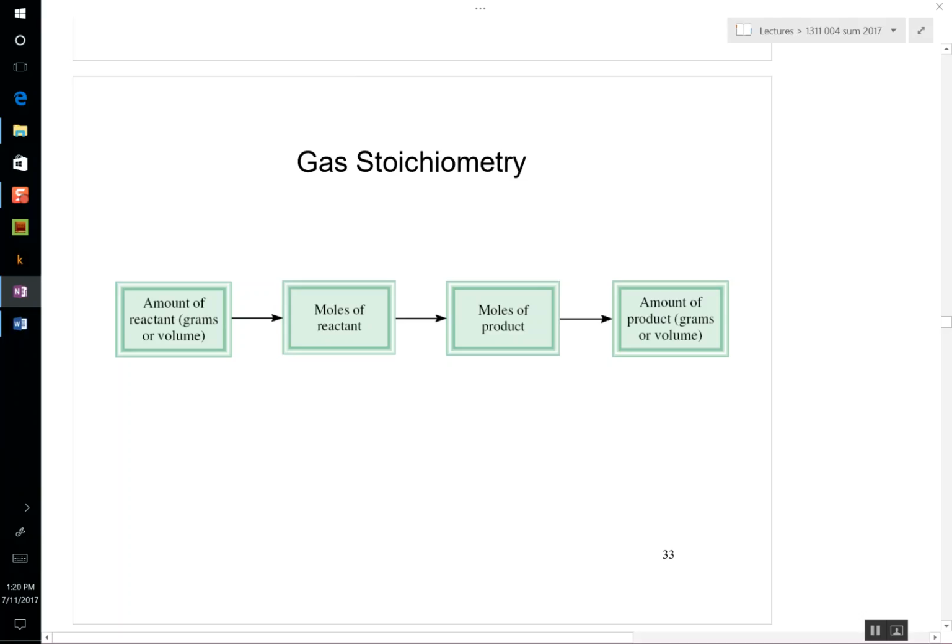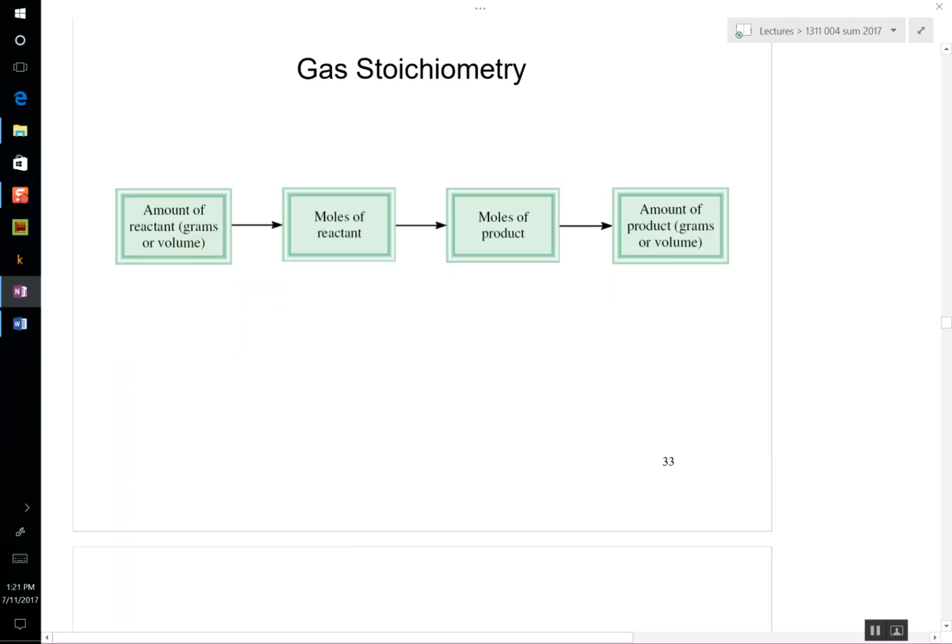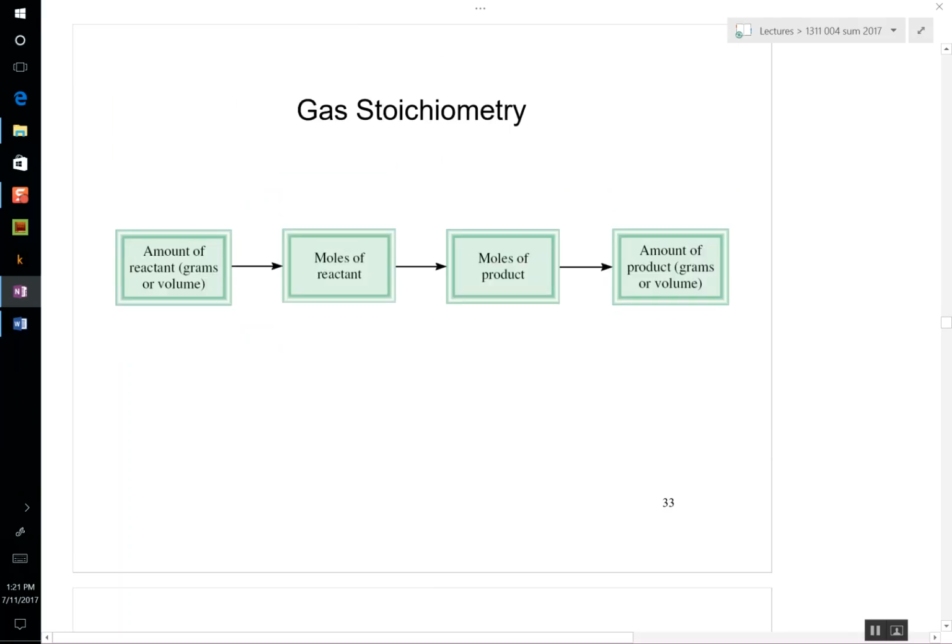I mentioned as we started chapter 9 that one reason why we need to understand how gases behave is that they show up in chemical equations, chemical reactions. This is just showing you a diagram of how you would handle an equation with a gas in it.